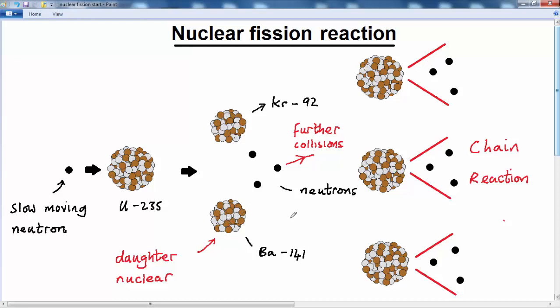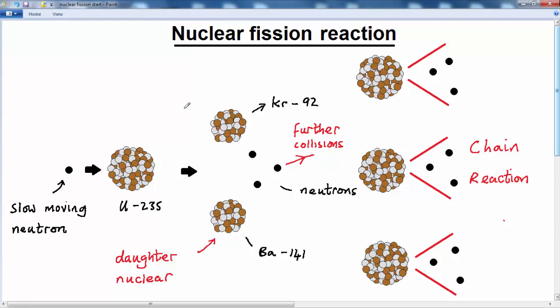So one of the byproducts of this type of nuclear fission reaction is you get a whole load of highly radioactive nuclear waste composed of these daughter nuclei that are produced during the reaction. And this nuclear waste will eventually have to be removed from the reactor and dealt with somehow.